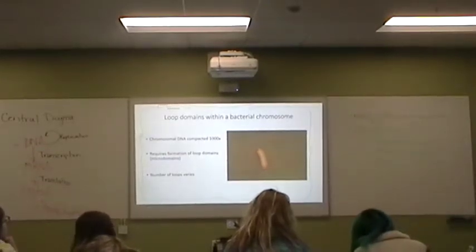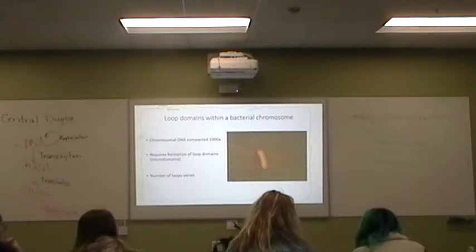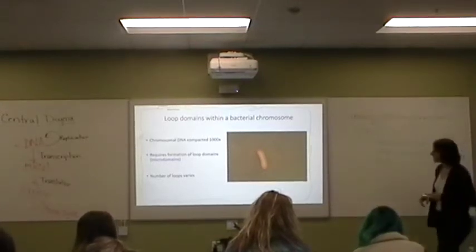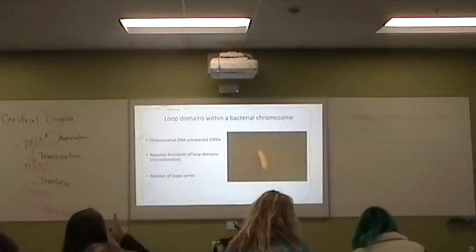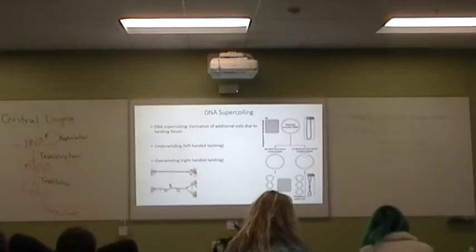Maybe you're not impressed. The way that bacterial chromosomes are compacted is through the formation of what we call microdomains. Microdomains are these big loop-like structures, which you can't really see here, and through supercoiling.